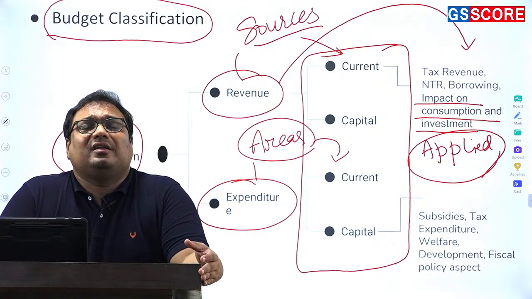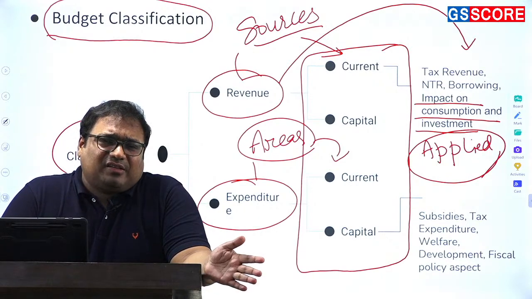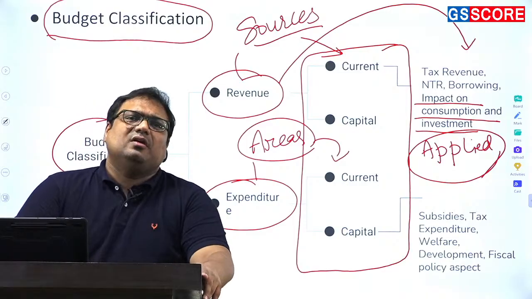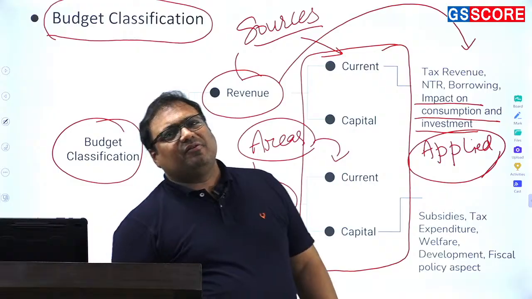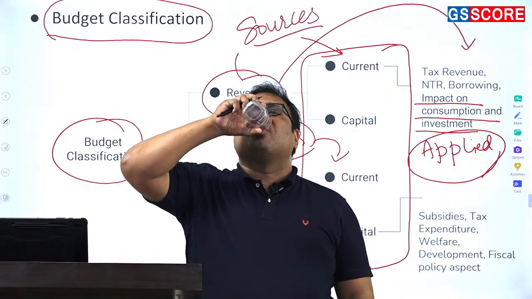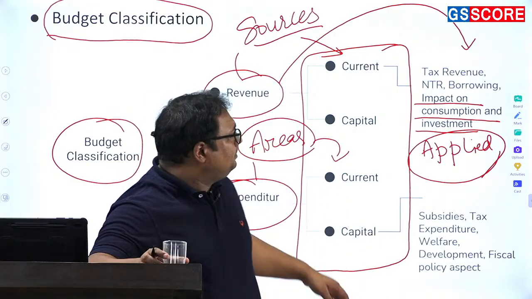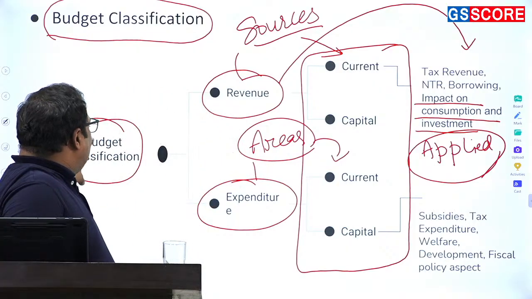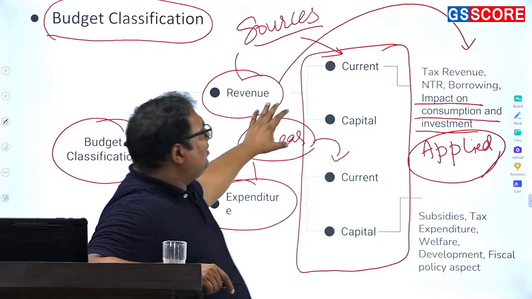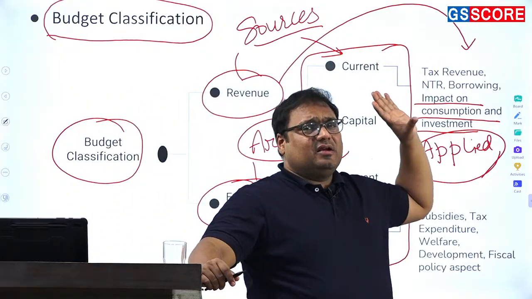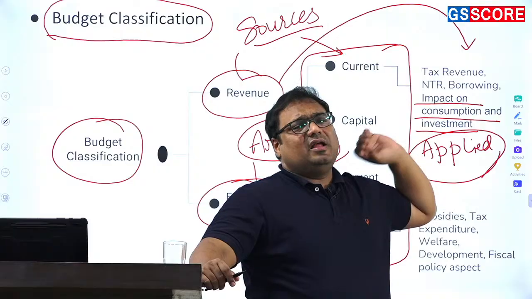So again, how tax impacts people is something which is part of your application, and you can only analyze that with careful studies. So while in the budgetary classification we have a static part, we also have a highly dynamic and highly applied part.